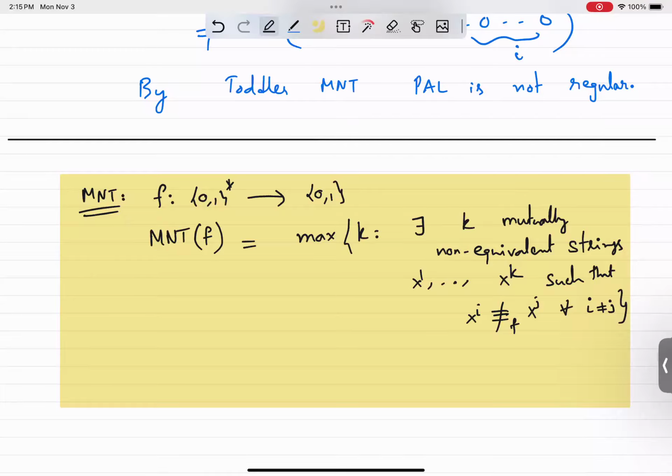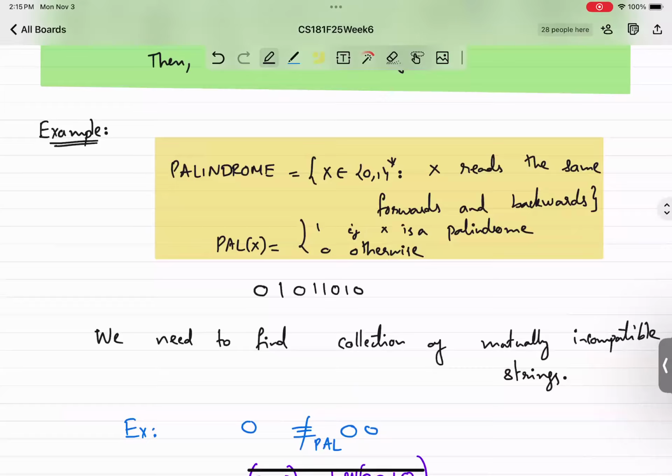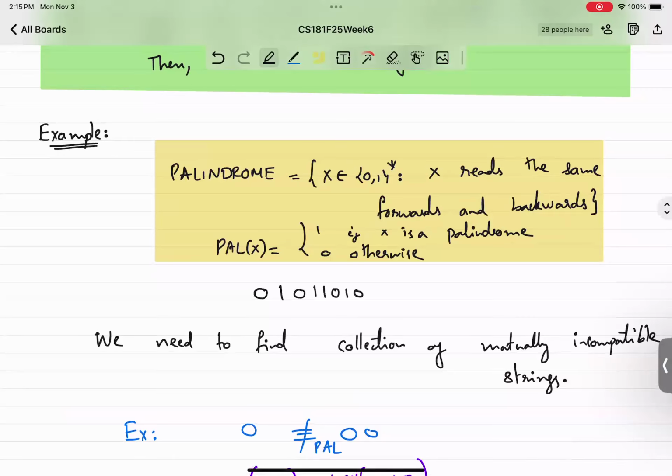It's a mouthful, but it's just saying, for your function, what's the largest number of strings that I can find which are not equivalent to each other under the function?